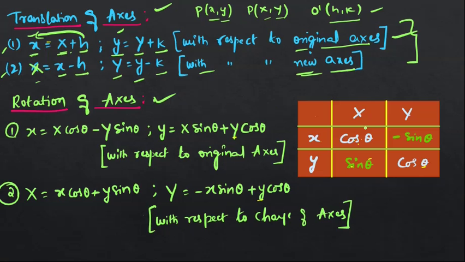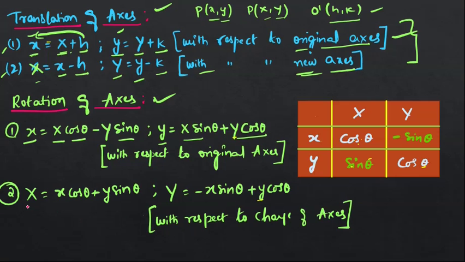Since we have theta angle now, we'll get cos theta and sin theta. So how do we remember this? See, what is small x? Small x is equal to capital X cos theta minus capital Y sin theta. Similarly, small y value is capital X sin theta plus capital Y cos theta. Okay.